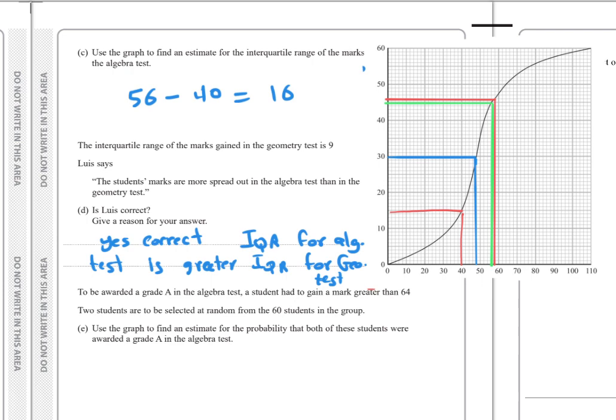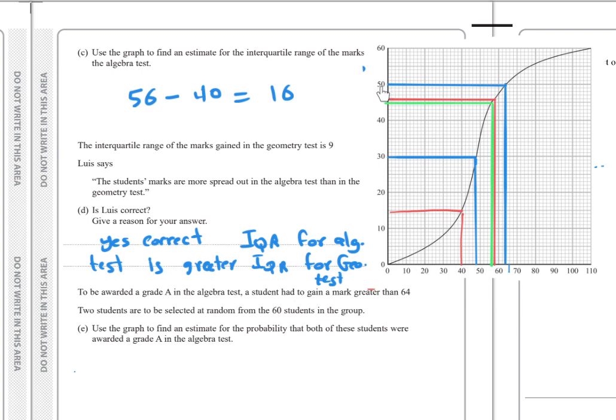So start from the horizontal axis at 64, draw a vertical line till you reach the curve to find the number of students with 64 or less. The value corresponding to this 64 is 50, so 50 students got 64 or less.